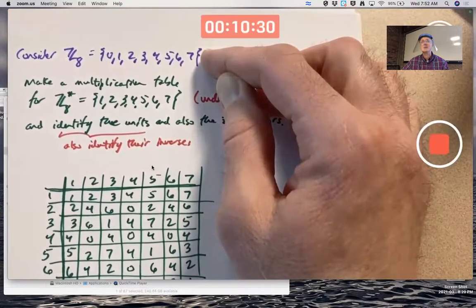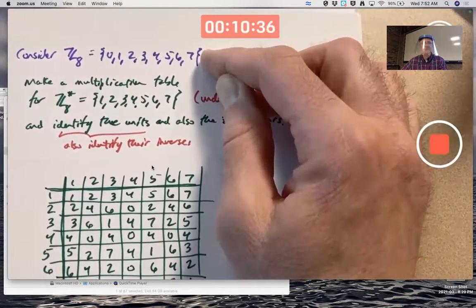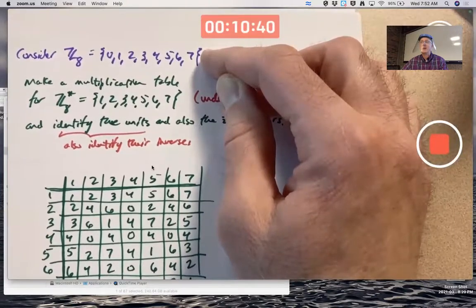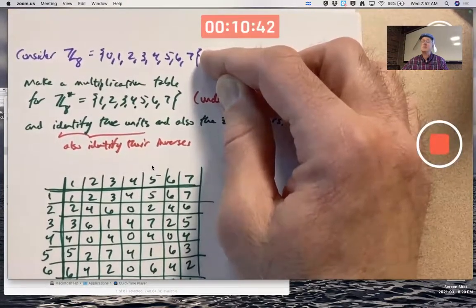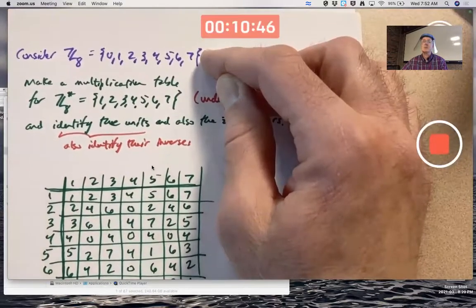Starts with the letter U. They're all units. They all have multiplicative inverses, except 0. 0 never does. And so rings are never, ever groups under multiplication. Fields are never, ever even groups under multiplication. But the non-zero elements of a field form a group under multiplication.